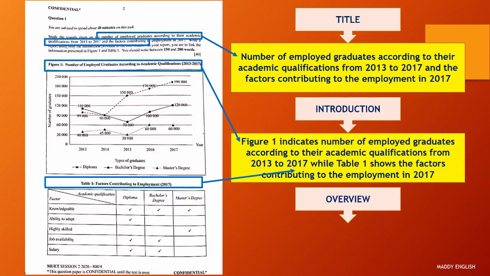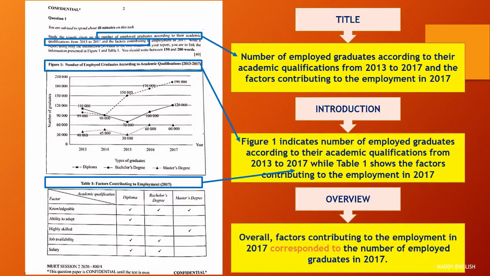As for the overview, make sure that you identify the relationship between the number of employed graduates and also the factors contributing to the employment. So in these questions, we can actually see that the factors contributing to the employment in 2017 corresponded to the number of employed graduates in 2017.